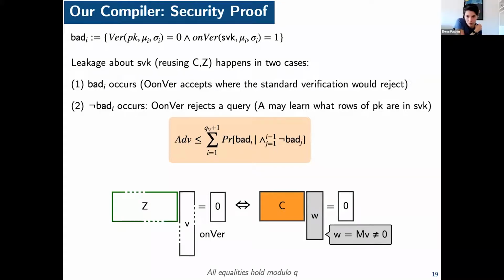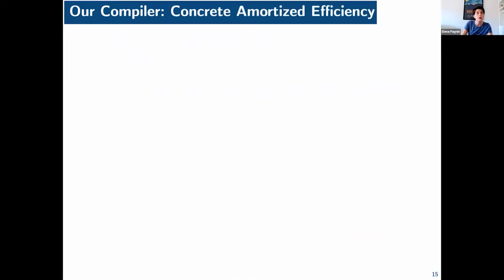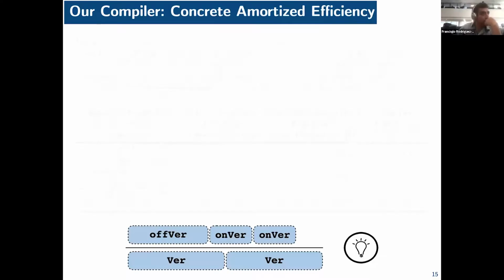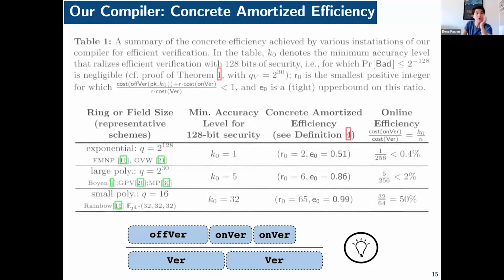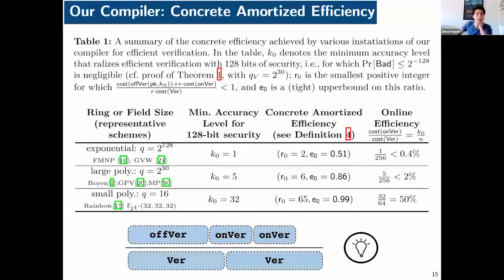If you are referring to this, yes, I write Q is 2 to the 30, but that's its size as a prime number. So it's going to be a prime number.